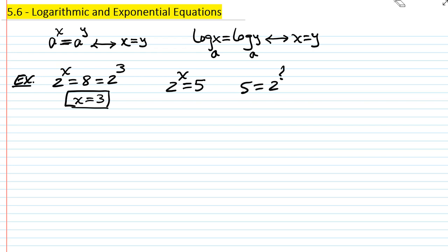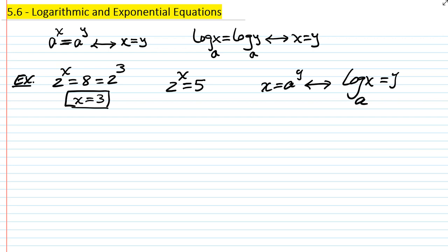So for these types of exponential equations, we simply rewrite them in logarithmic form. If you recall, when we had x equals a to the y, we said this can be written as log base a of x equals y, right?